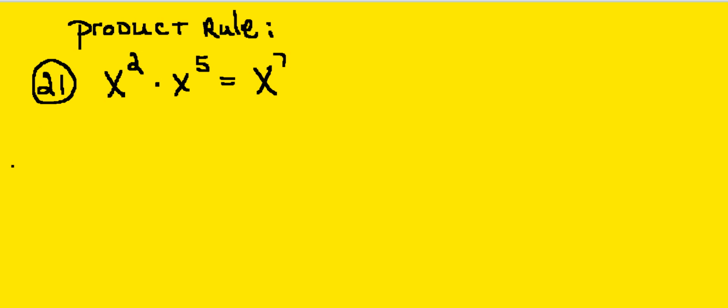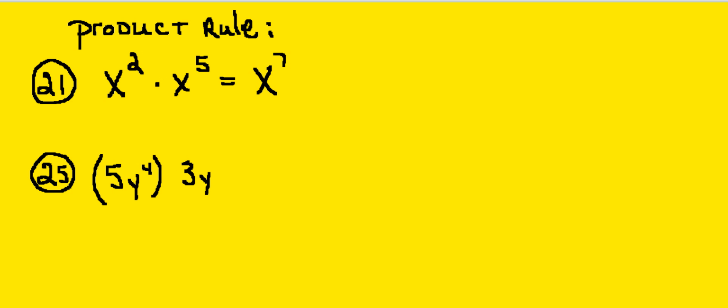Next, how about number 25? Just write it up real quick here. 25 is 5y to the 4th in parentheses, and that's multiplied by 3y. In a case like this, these are coefficients, this 5 and this 3.